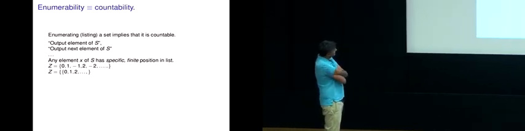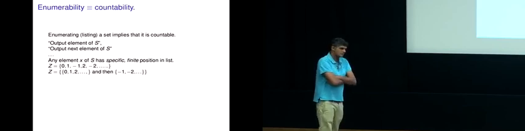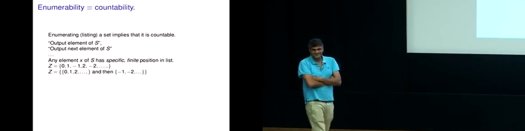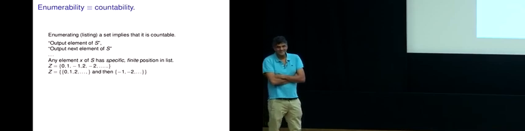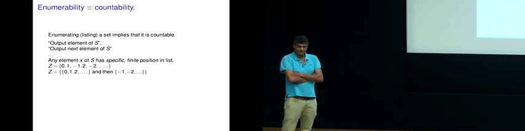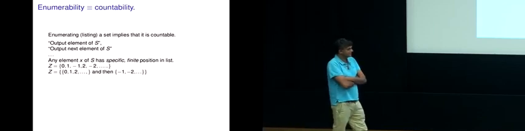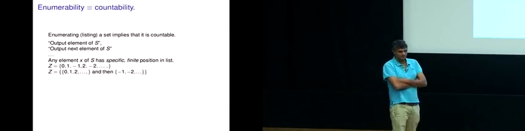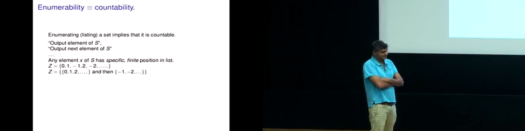Another way to list it is we could have listed all the positive numbers and then all the negative numbers. Is there a problem with this? It's not even well defined when negative 1 comes. When does negative 1 come? Well, it never comes.